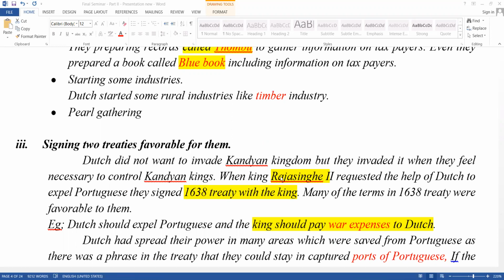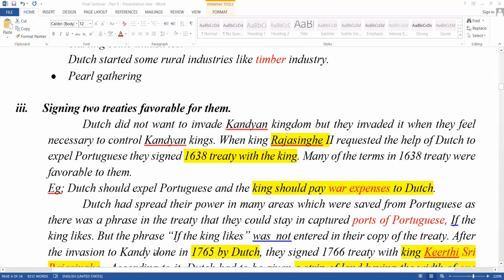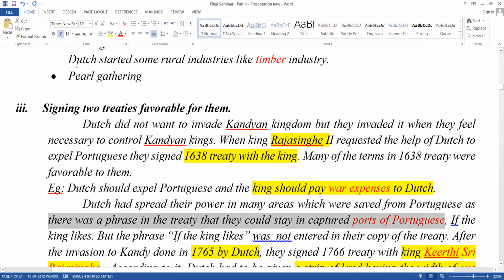You have mentioned the treaty, you have mentioned what is inside that. The Dutch had spread their power in many areas which were saved from the Portuguese, as there was a clause in the treaty that they could stay in any port of the Portuguese that they captured.